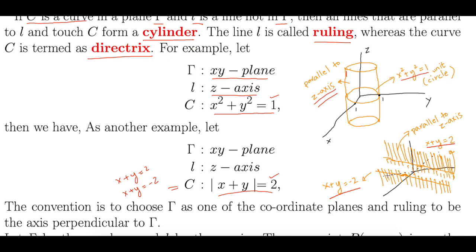Then all we do is make a plane which is parallel to the z-axis and passing through this line for this part, and a plane passing through this line and parallel to the z-axis for this part. So this is still a cylinder, but now it is not closed.